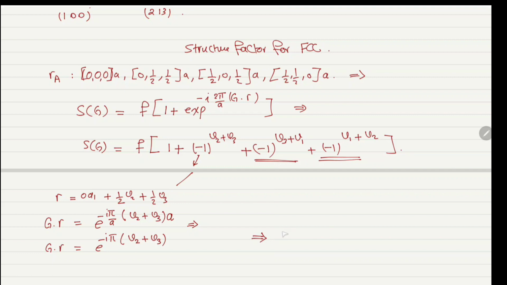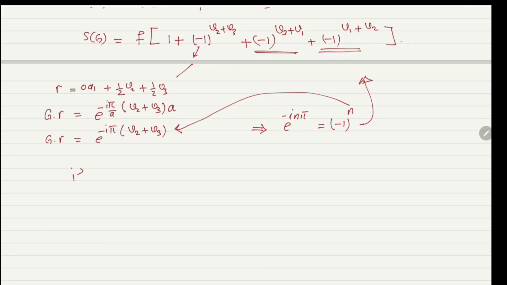Remember, e to the minus i pi is equal to minus 1 to the power n, and in this case it's V1 plus V2 or V2 plus V3 or V1 plus V3. From that we get this definition here.